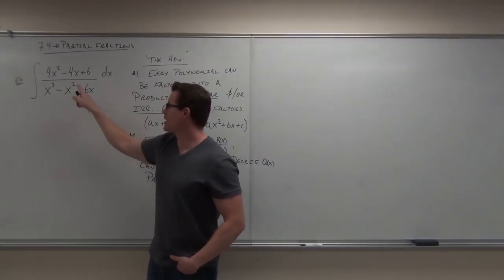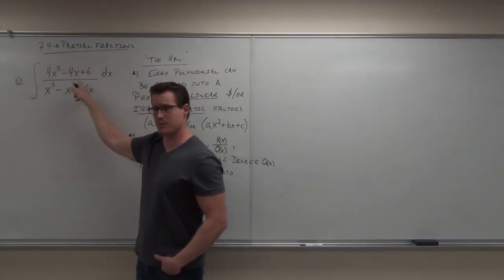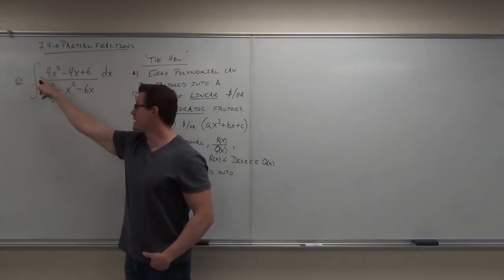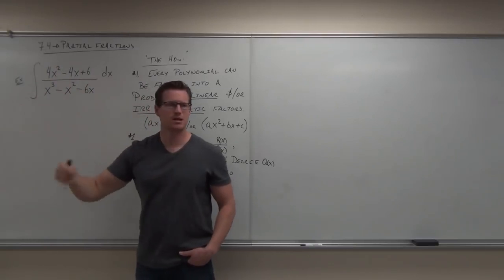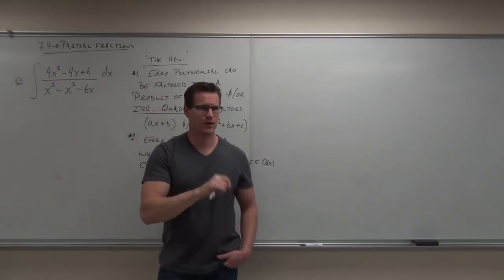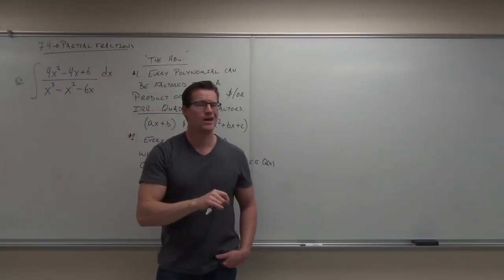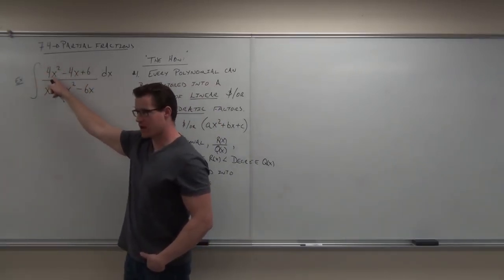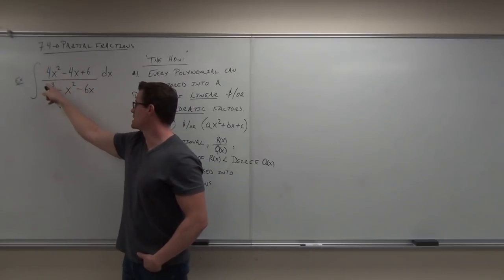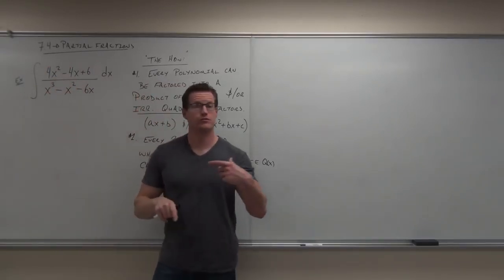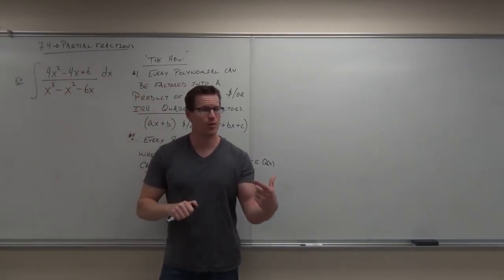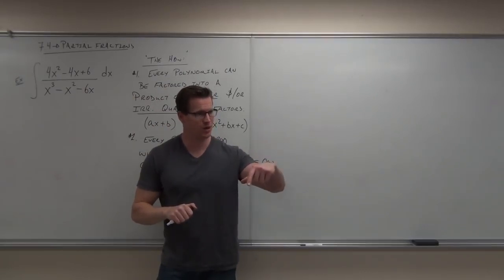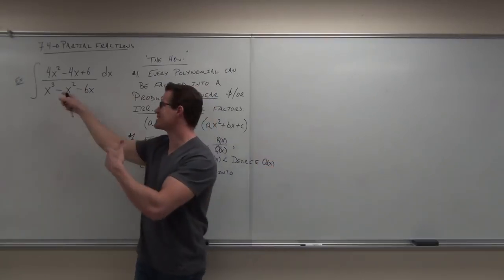If the degree of r of x, the numerator here, is less than the degree here, you can decompose this into partial fractions. So far so good? If the degree here is greater than or equal to the degree here, then you do long division of polynomials first, and what that does is reduce the degree of the numerator to something that is less than this degree.